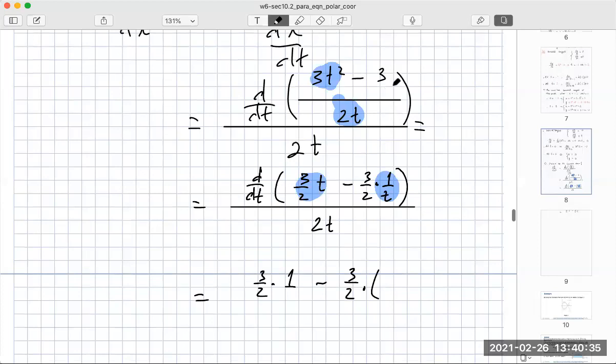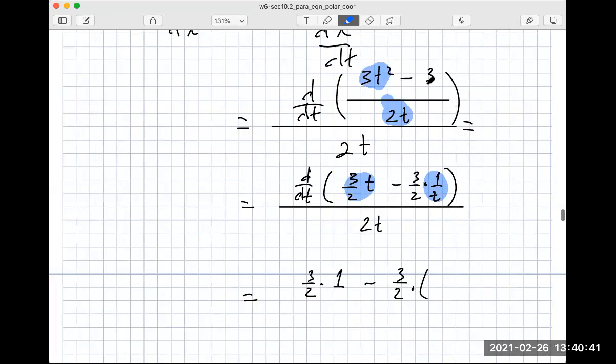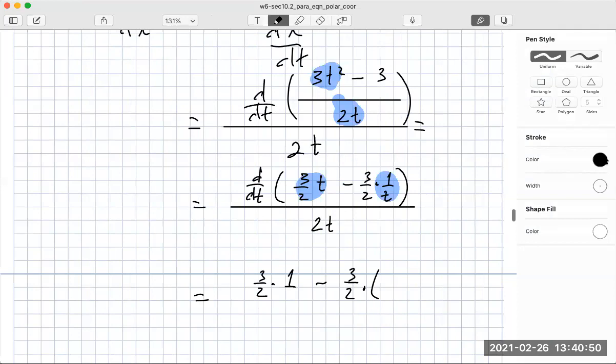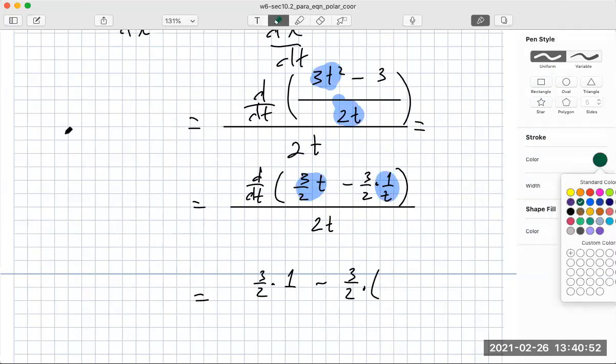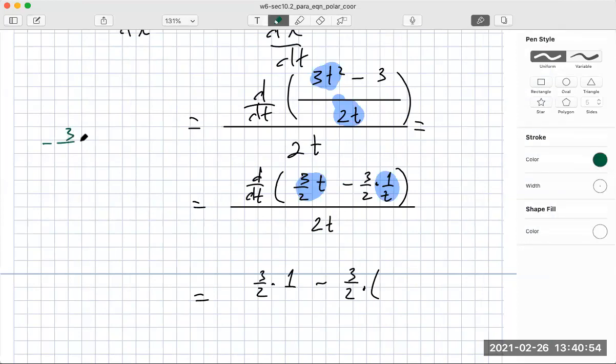Okay. Here, to answer the question of Aluk, look at this. This is negative 3 divided by 2t, right? Let us write it here. Divided by 2t, this is a product in the denominator.